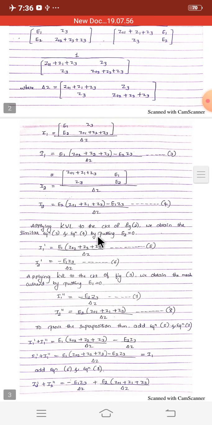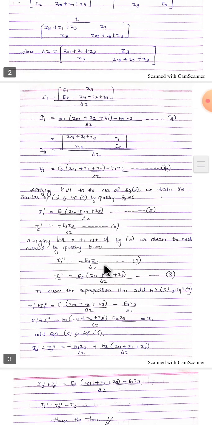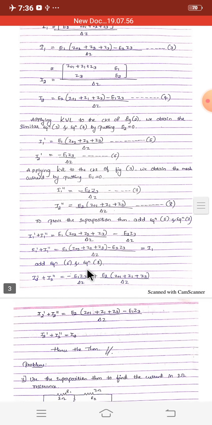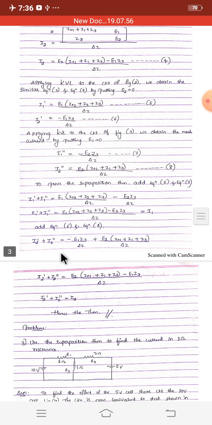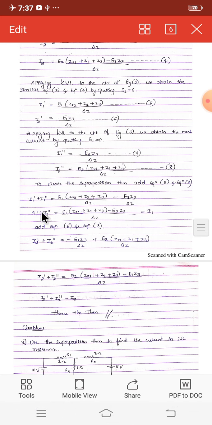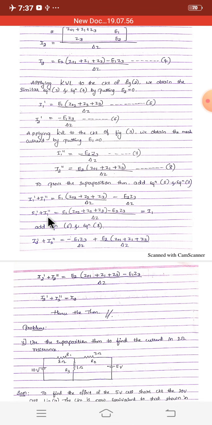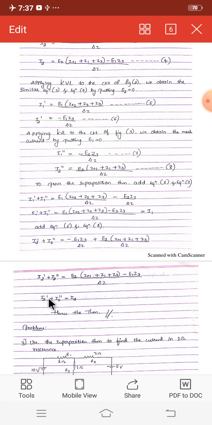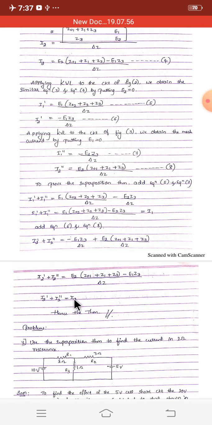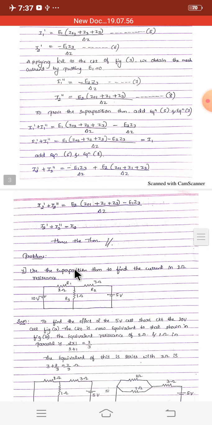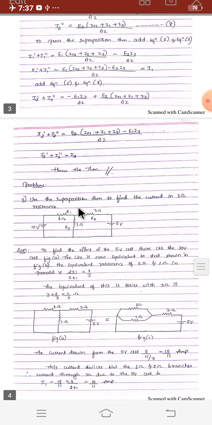Using figure 2 put E2 equal to 0, and using figure 1 put E1 equal to 0 and solve the equation. You will get I1 dash plus I1 double dash equal to I1, I2 dash plus I2 double dash equal to I2. This is the superposition theorem. Okay, proof of superposition theorem.